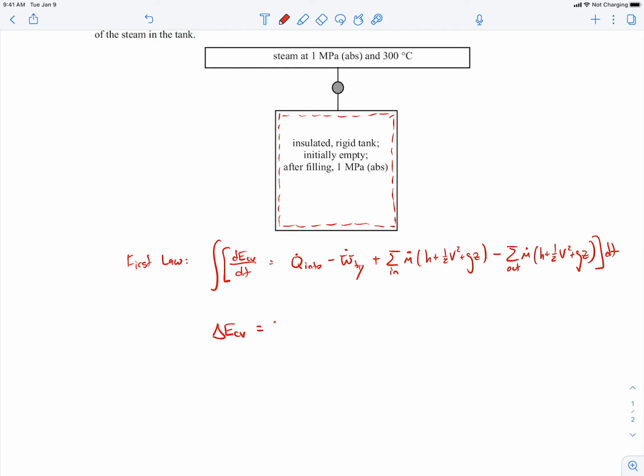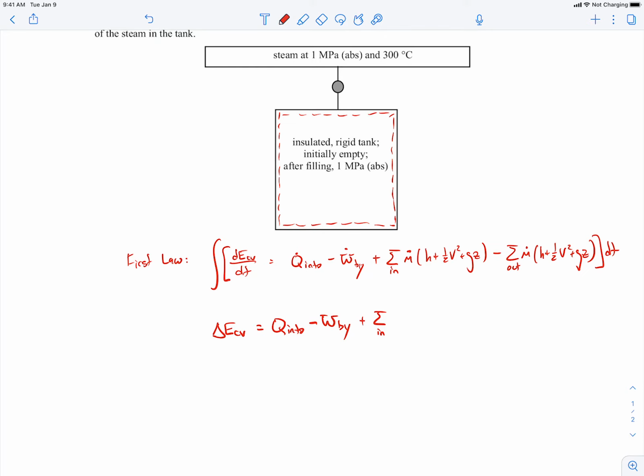The rate of heat transfer just becomes the total amount of heat transfer into the control volume. The rate at which we do work will just be the work. When we integrate this, the rate at which total enthalpy is coming into the control volume will just be the total enthalpy coming into the control volume. So it'll look like this.